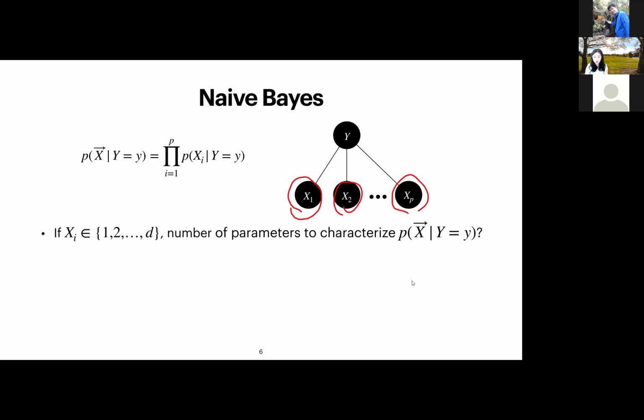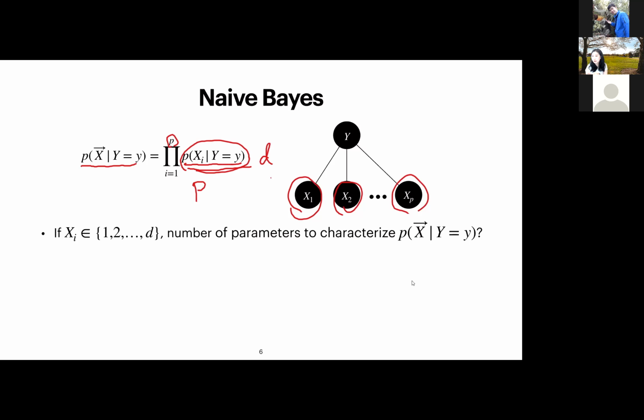Why? Because you only need to characterize these conditional probabilities, right? So you have p such conditional probabilities of this form, because you're summing from 1 to p here. So p such ones, and each one would only take you d parameters. So it becomes p multiplied with d, right?